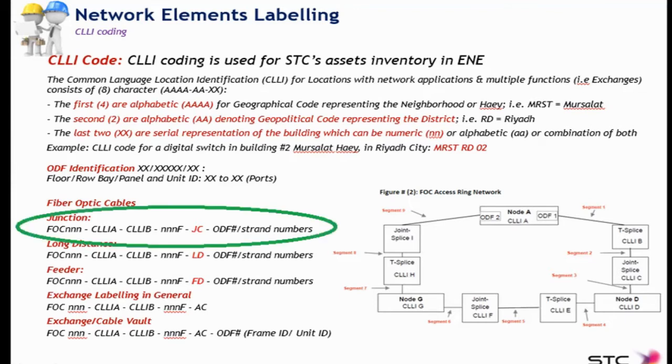Then is the fiber number, CLLI code of point A origin, CLLI code of point B destination, number of fibers, the type of project, in this case a junction project, and the ODF identification. The ODF is identified according to these rules: floor, row, bay, panel, and unit ID. The ports are also identified, and in the cable the strand numbers that are going to be connected to the ODF.